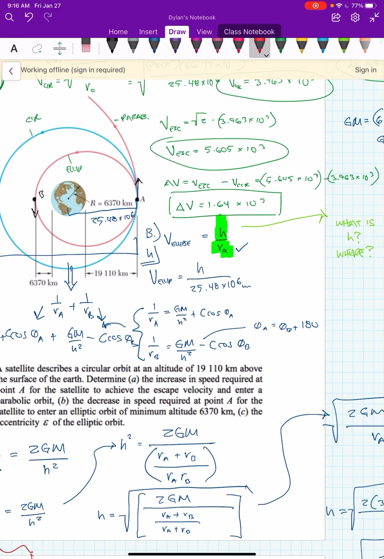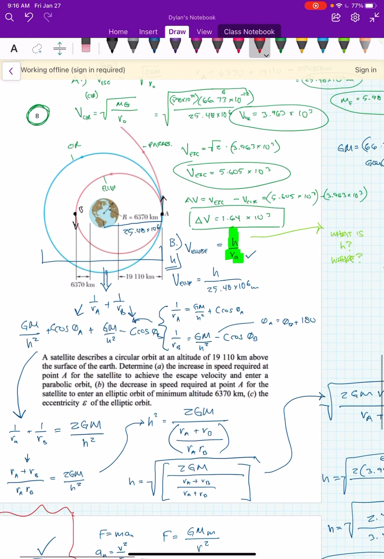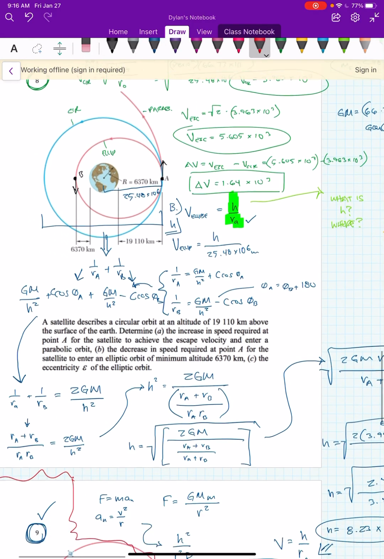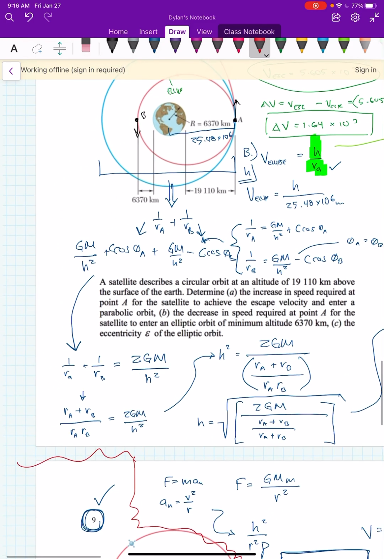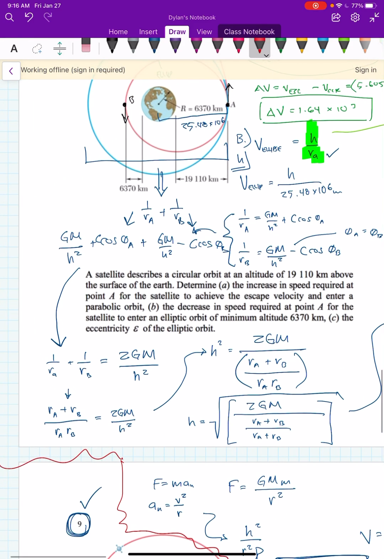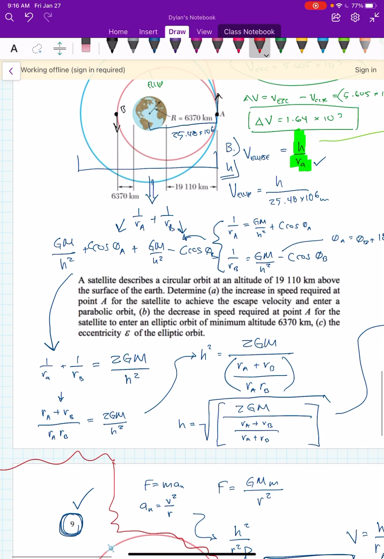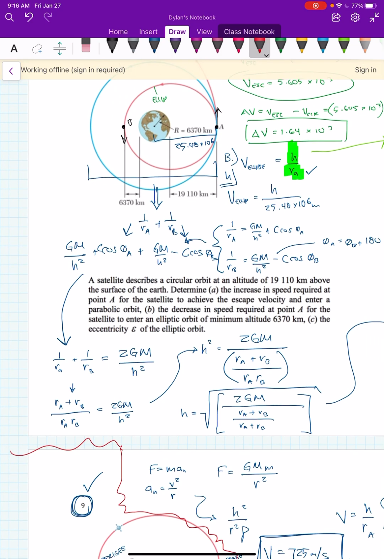But I know that 180 degrees from that, it's just going to cancel out because they're just inverses of each other. So then that gets rid of the c cosine theta A and theta B, leaves us with 2GM over h squared right here.